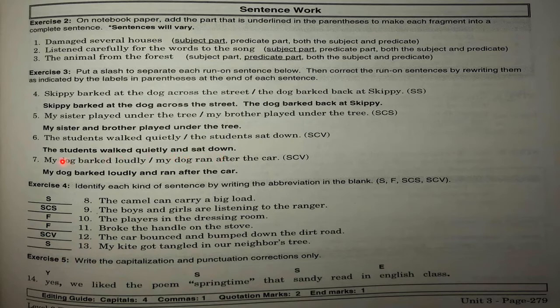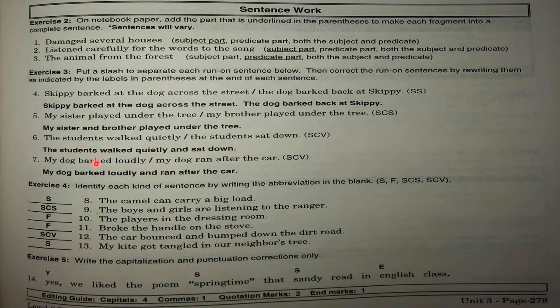So I'm going to say the students walked quietly and sat down. You see here, I put two verbs together in order to make a compound verb: walked quietly and sat down. And of course, I'm going to start it with a capital letter and end it with an end mark. That's how I fix the sentence.